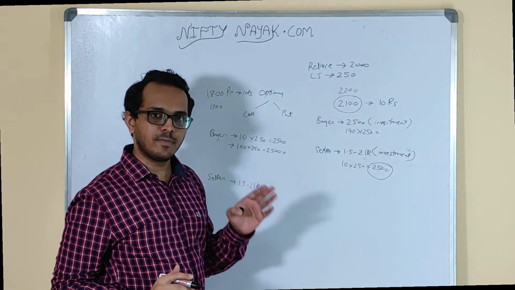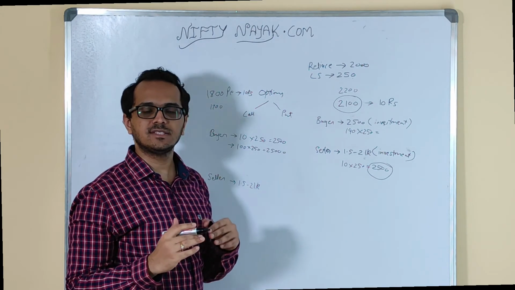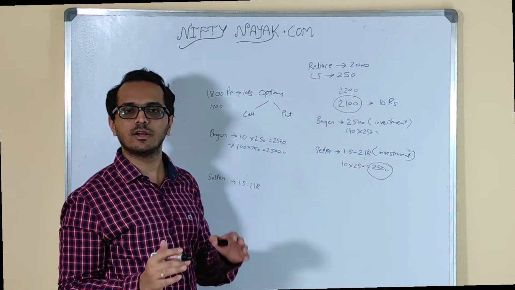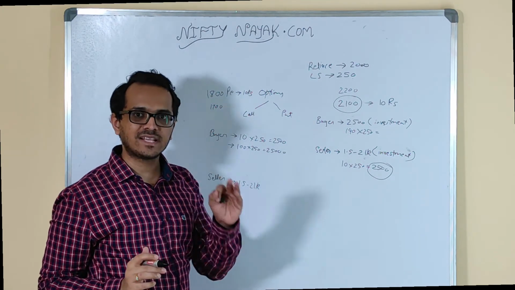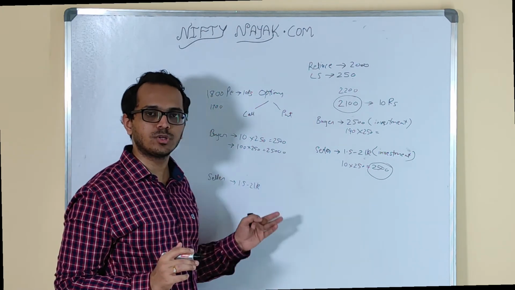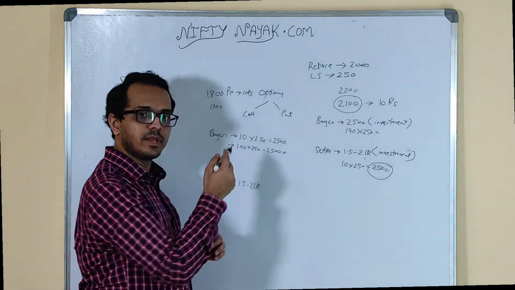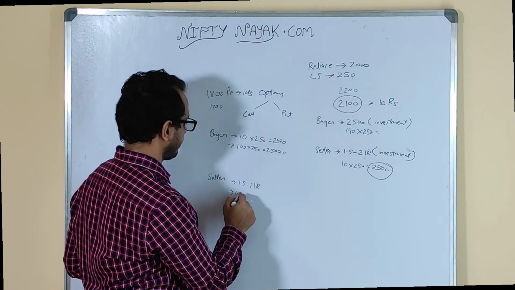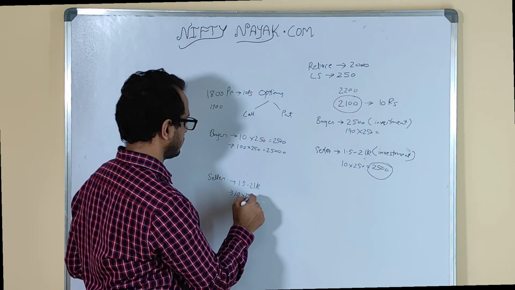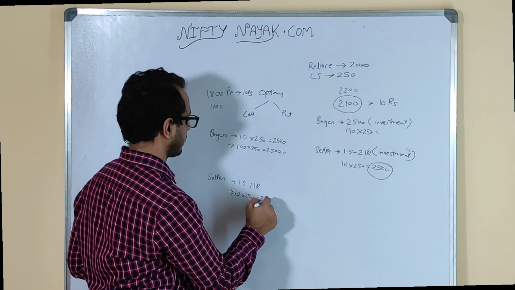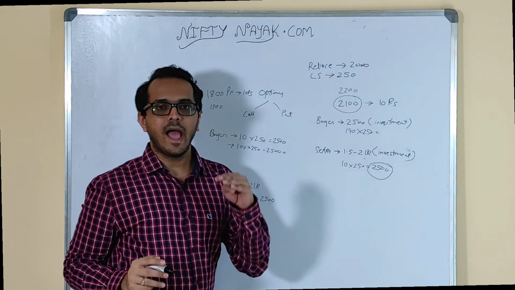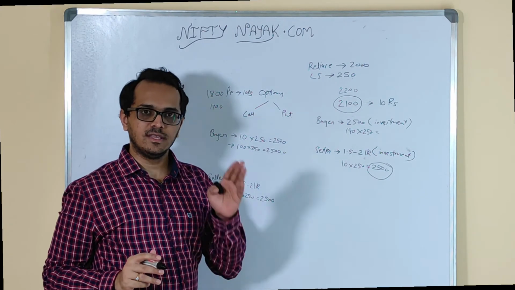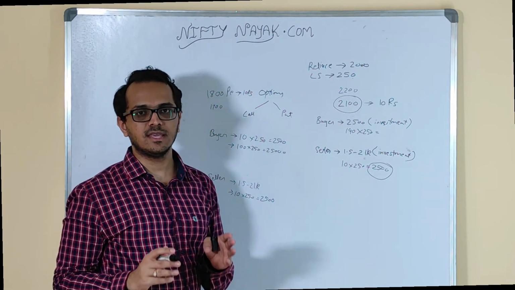The seller will make a profit if Reliance trades above 1800 and closes above 1800 on expiry. The maximum profit which a put seller can make is the premium what he collected, which is nothing but 10 rupees into 250, which is 2500. So as a put seller, the profit is limited, whereas the risk is unlimited.